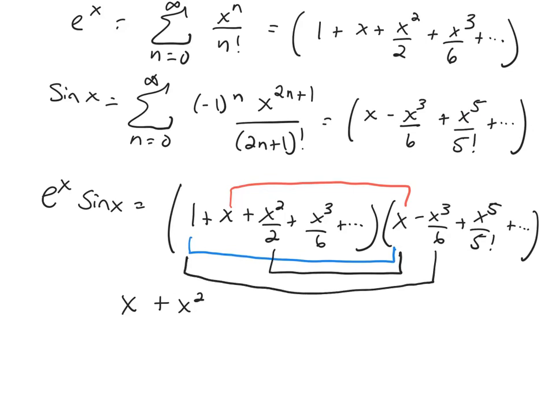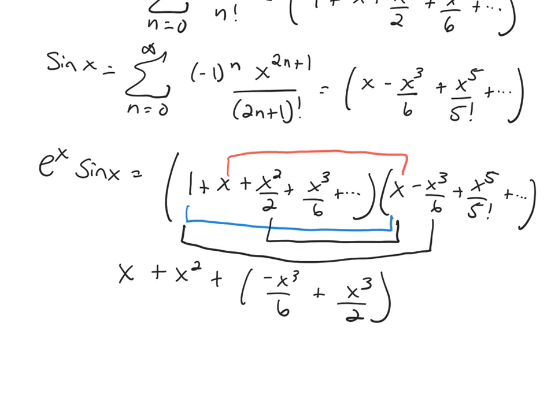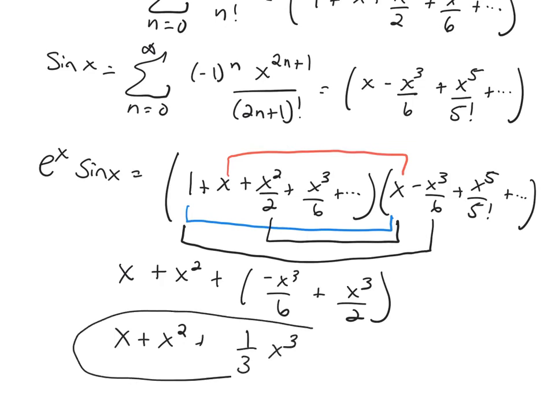So there were 2 ways that I could get that one, right? Minus x cubed over 6 times 1, plus x cubed over 2. So you would simplify that: x plus x squared, and then this will become plus 1/3 x cubed. So those are my first 3 non-zero terms.